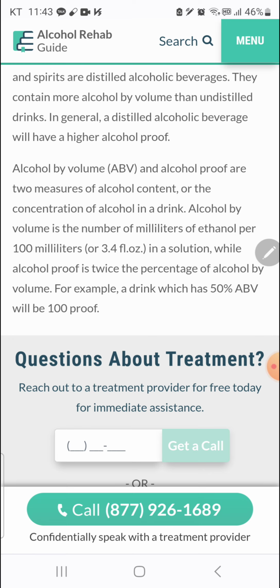Alcohol by volume, alcohol proof. Alcohol by volume is the number of milliliters of ethanol per 100 milliliters, or 3.4 fluid ounces, while alcohol proof is twice the percentage of alcohol by volume.